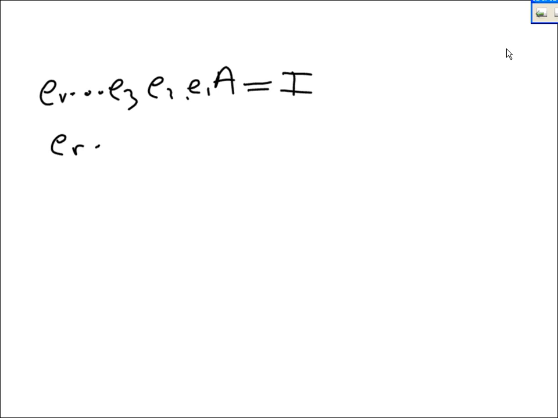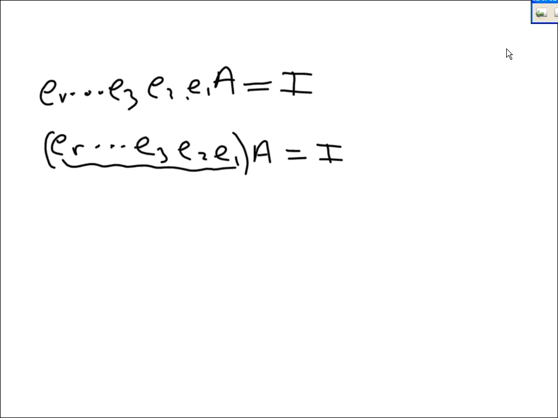Now, remember, matrix multiplication has the associative law. I wrote down the same equation, and I'm going to put the brackets like that. So wait a minute. What's in this bracket, when I multiply it by A, it gives me the identity matrix?